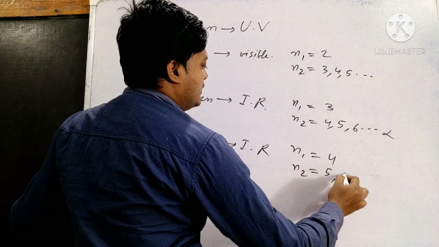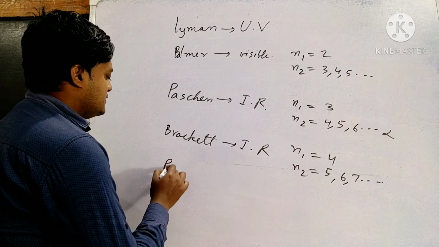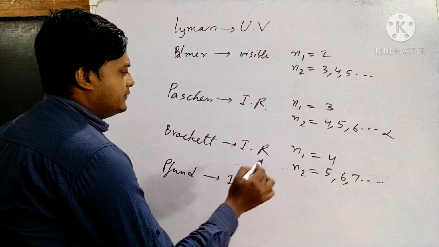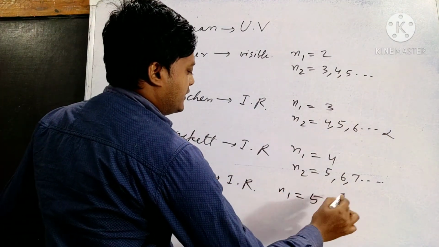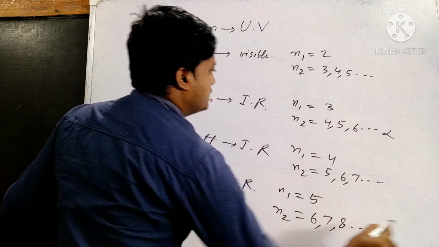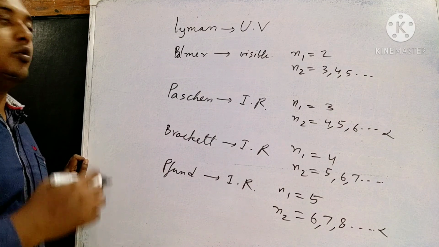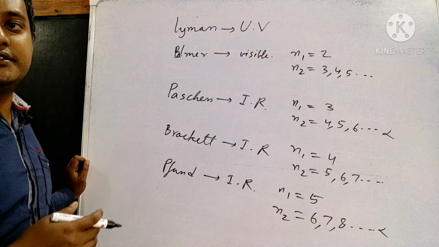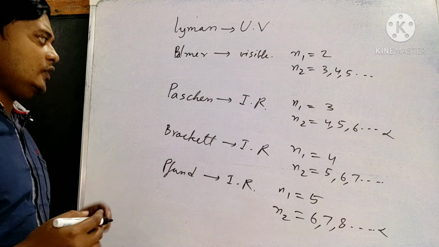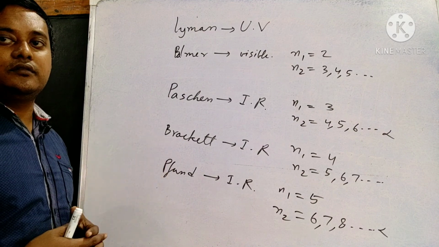Next, Pfund, also in IR, has n1 equal to 5, n2 equal to 6, 7, 8. So try to remember their regions. Only Balmer is in the visible region, and you have to practice numericals based on the Rydberg equation for the board exam.